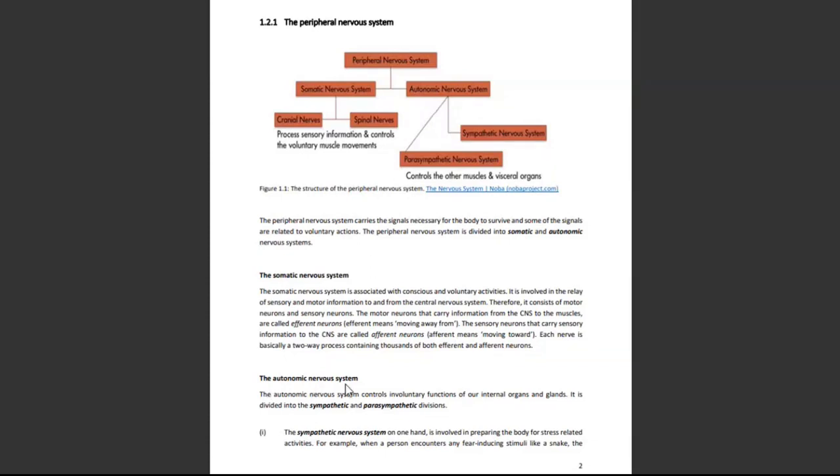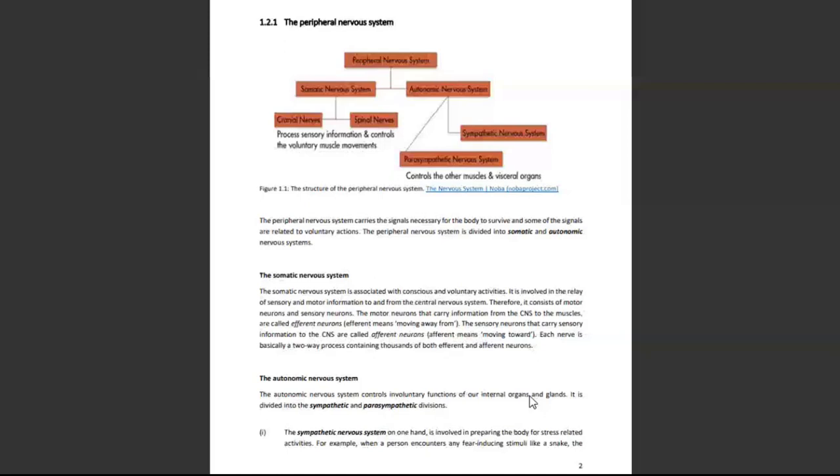They say autonomic nervous system. The autonomic system controls the involuntary functions of our internal organs and glands. Here, conscious information and voluntary information, that is somatic.